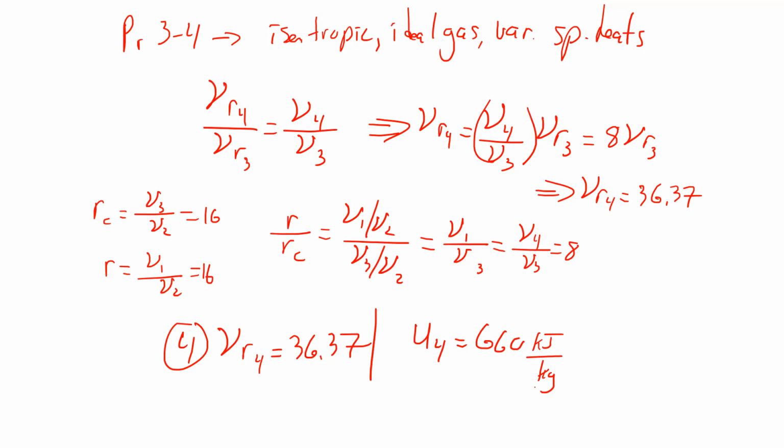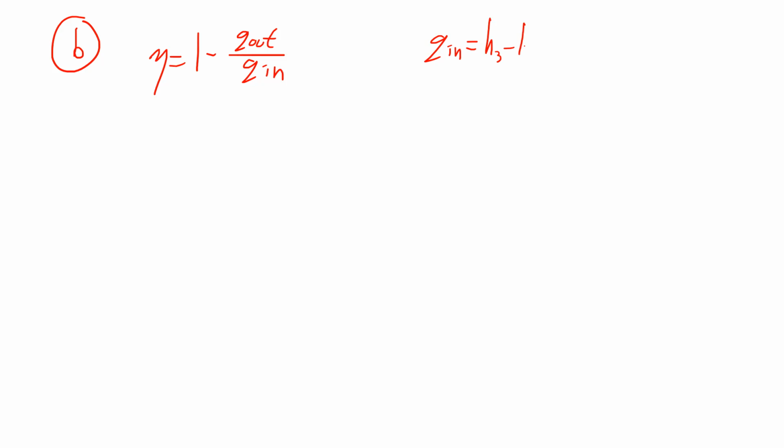So now I can go ahead to part B, and solve for the efficiency, Q out over Q in. If I recall, Q in is during a constant pressure process, so that'd be h3 minus h2, and Q out is during a constant volume process, so u4 minus u1.